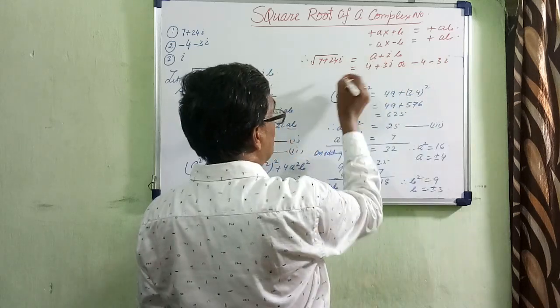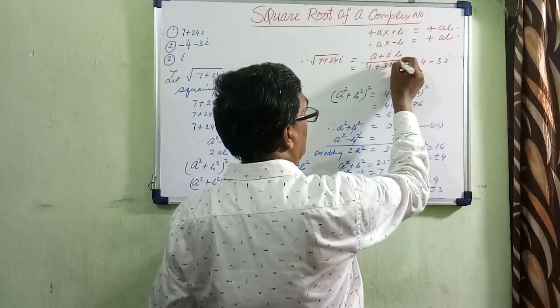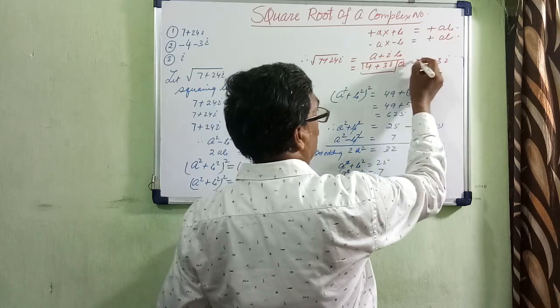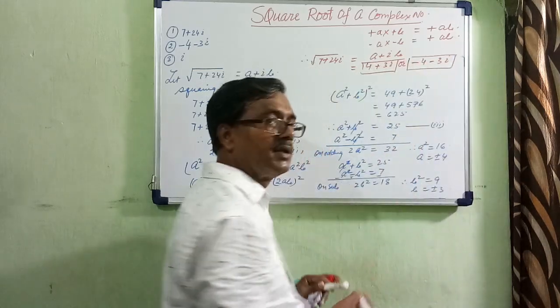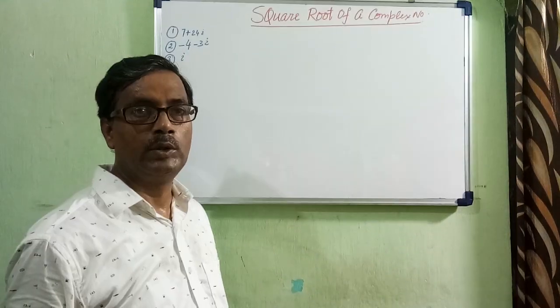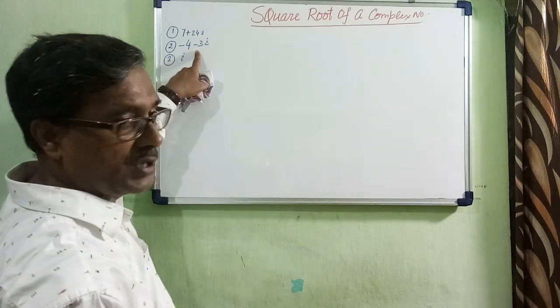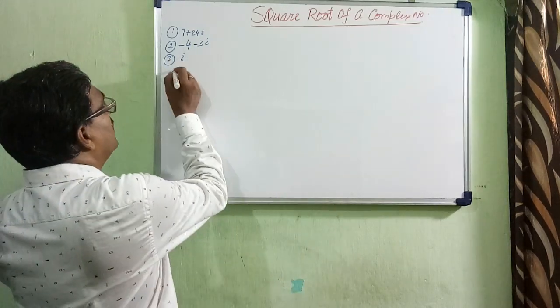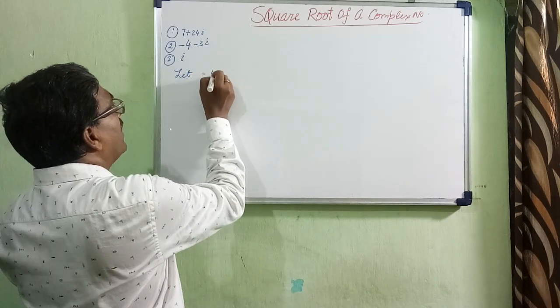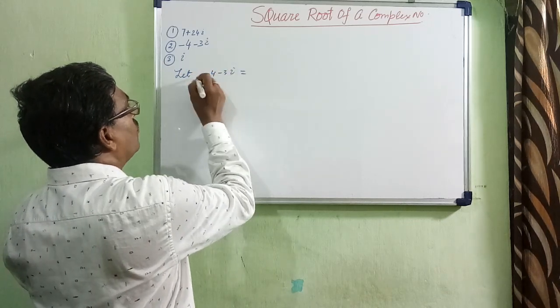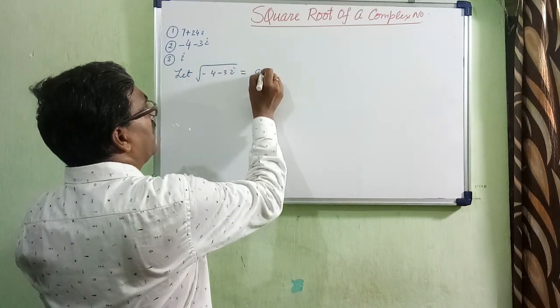These are the values of the square root of this number. Now let us discuss the second question. In the same way, let the square root of minus 4 minus 3i be equal to a plus ib.